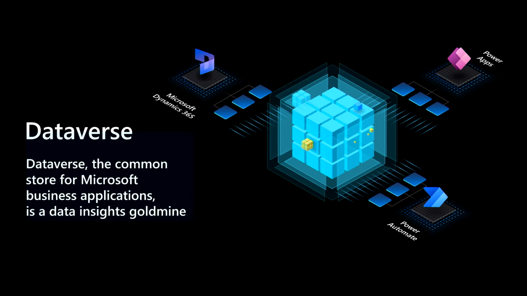As developers use platforms such as Power Apps, Power Automate, and Dynamics 365 to create and deliver business applications for their organization, the data that comes from these applications is stored in Dataverse. As you can imagine, this provides amazing potential for new insights.